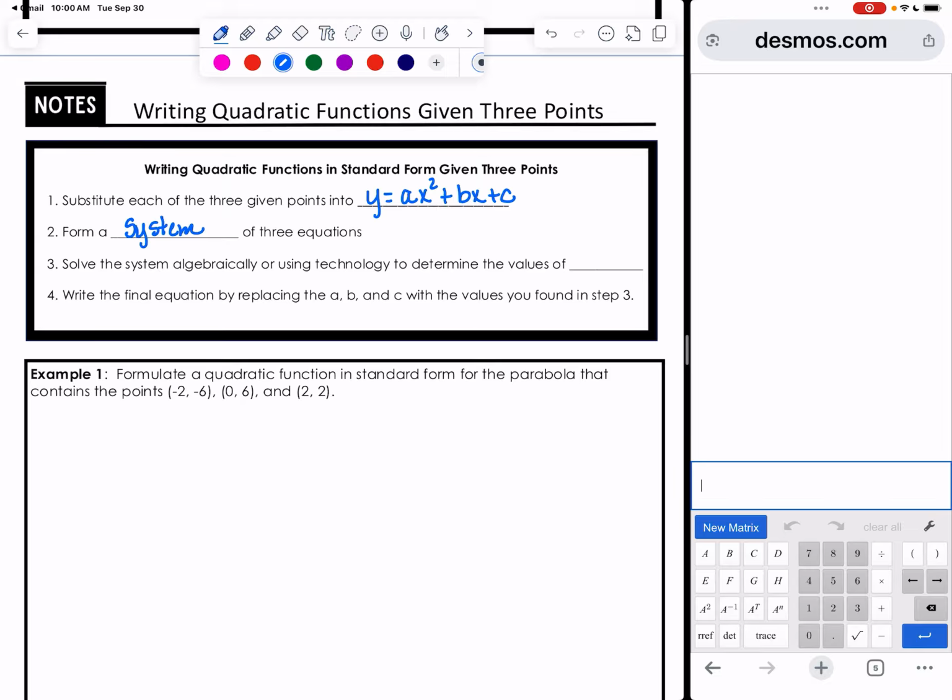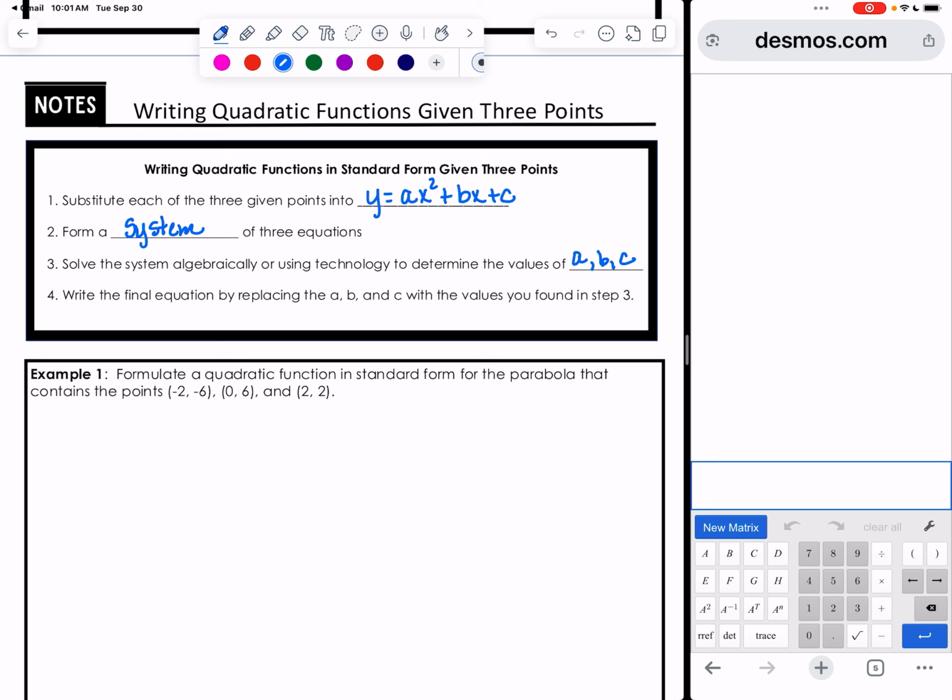In step 3, you're going to solve that system algebraically or using technology to determine the values of a, b, and c. And finally, you'll write the final equation by replacing the a, b, and c with the values that we found in step 3.